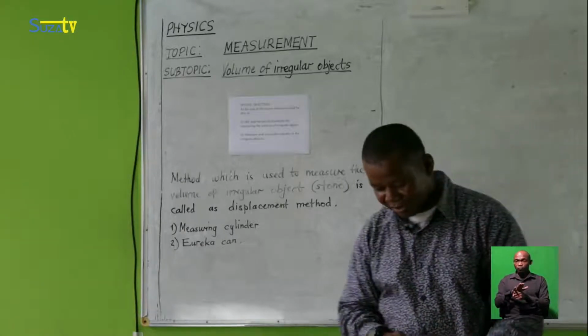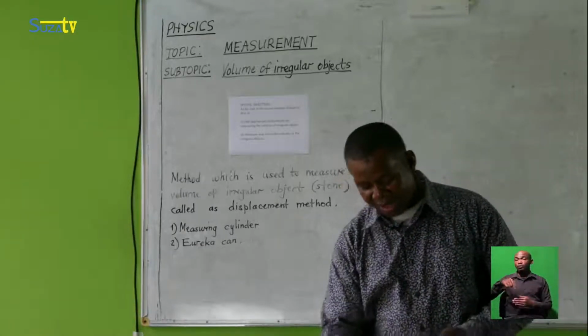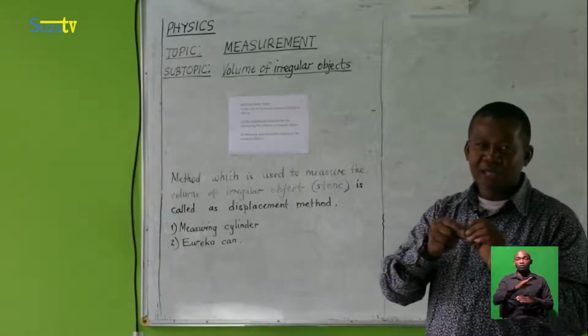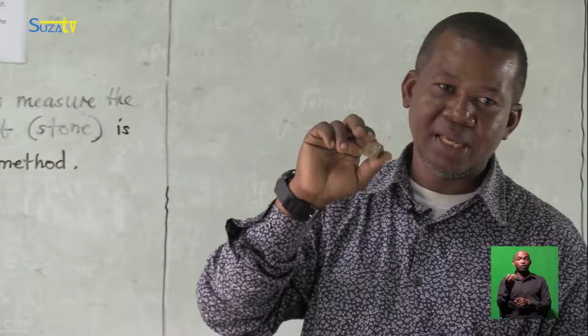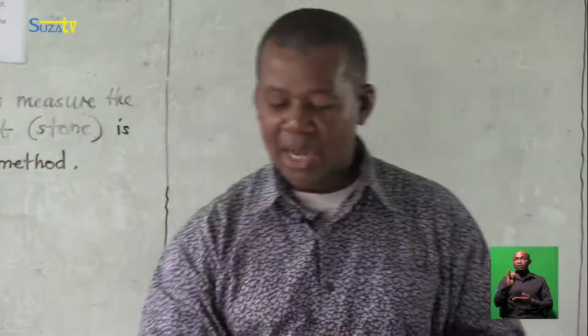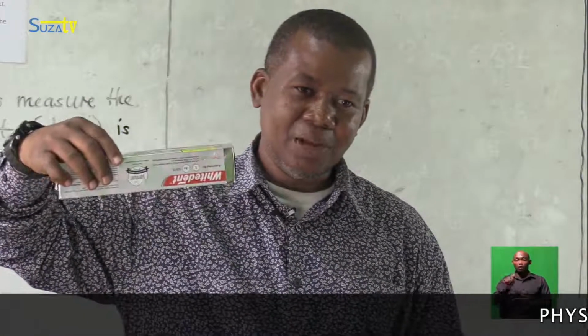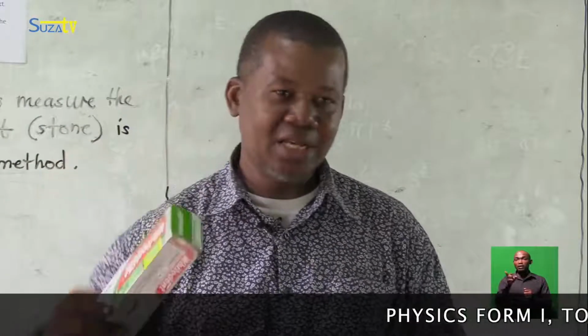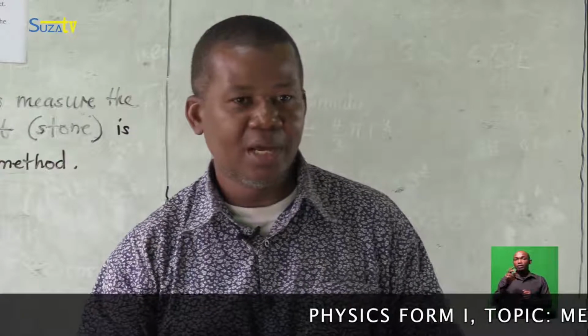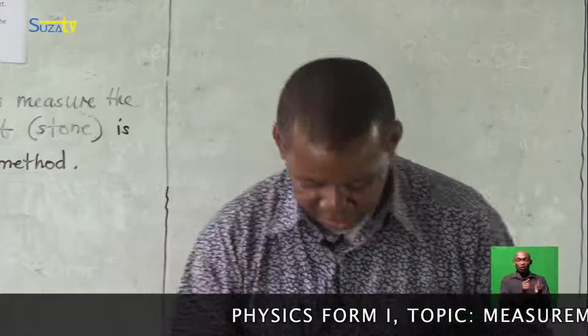Now, today, we are going to find the volume of this stone, because the stone is an irregular object, while this one is a rectangular object, a regular object. For this case, we just have to use the formula as we have seen.